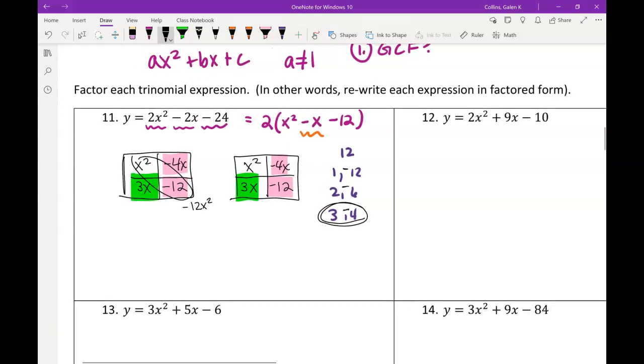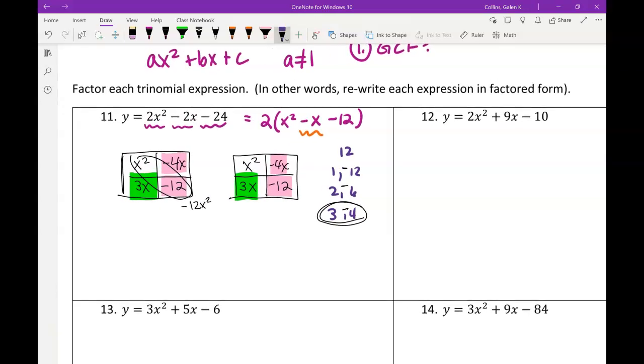All right, so now when we get to the actual factoring, again, I want to pull out my greatest common factor. So of my top row, that's an x. I know to make x squared, I need an x here. And then if I pulled out an x from negative 4x, I need a negative 4 up top. In this column, I need a plus 3.